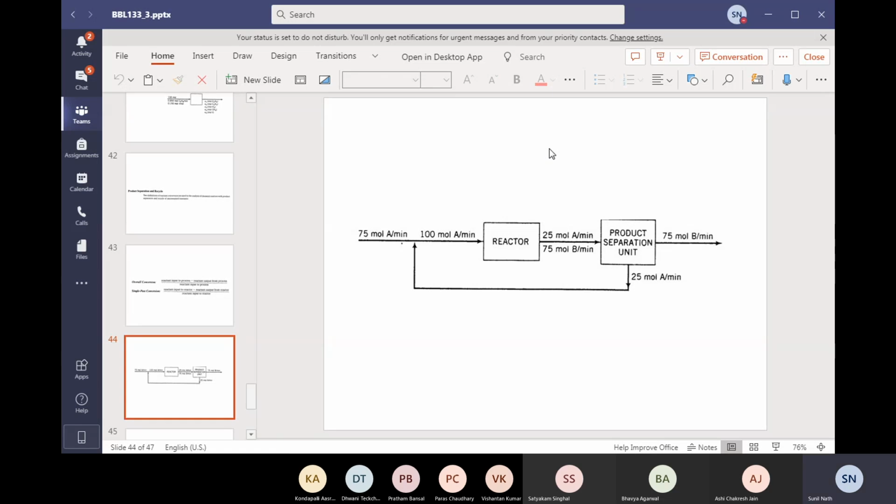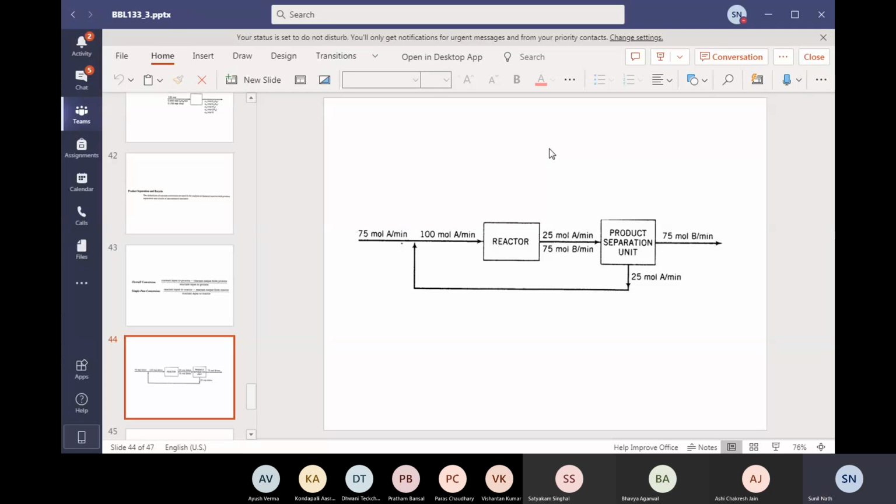Why is the overall conversion 100%? Because you have assumed that the second vessel ideally separates A from B. This is never true, by the way. So what you could do is you could completely separate 75 moles B per minute and 25 moles A per minute, which was what was fed into the separator.